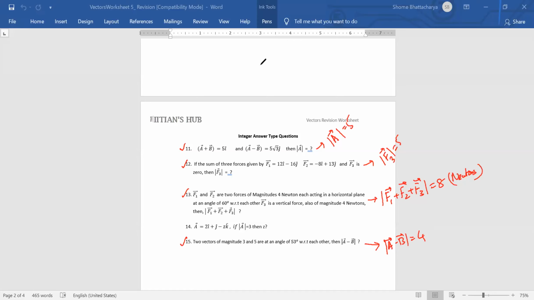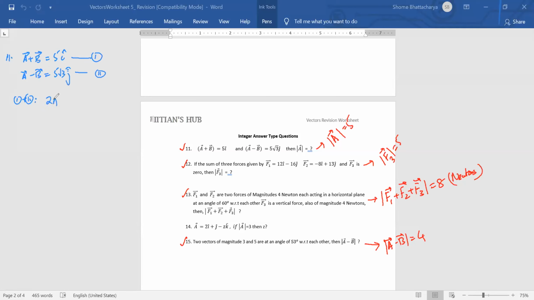Okay, so let's understand these questions briefly. The 11th one, you can do in a similar manner to how we solved one question a while back. A plus B is given to us as 5 i cap. Let's say that's equation 1. And A minus B is given to us as 5 root 3 j cap. Say that's equation 2. So do equation 1 plus 2 now.